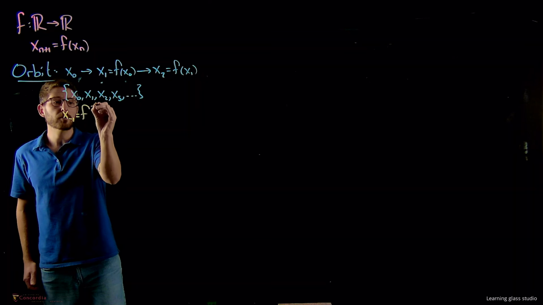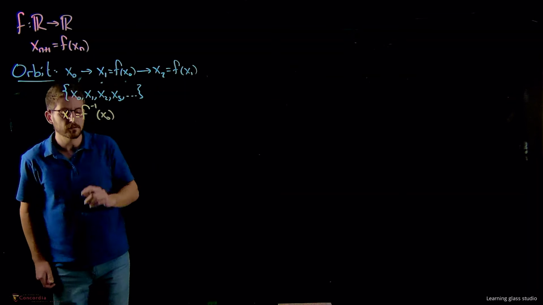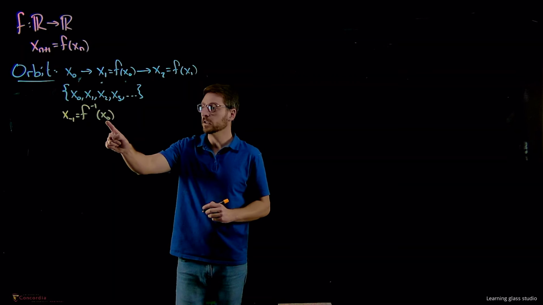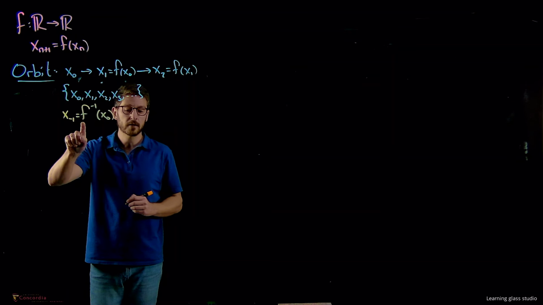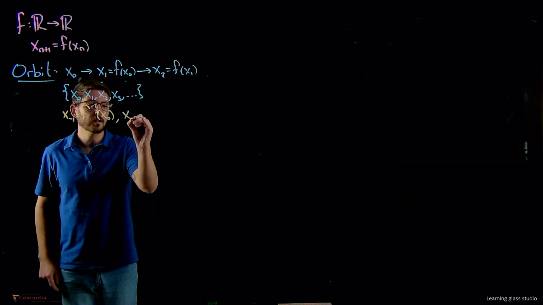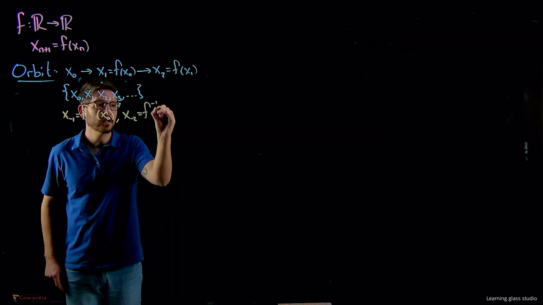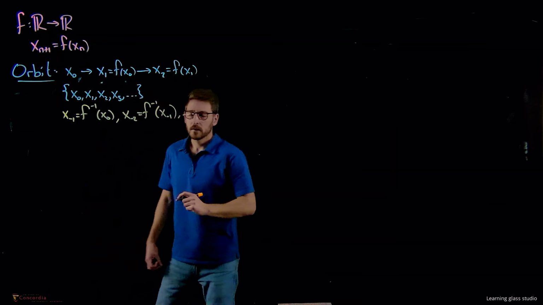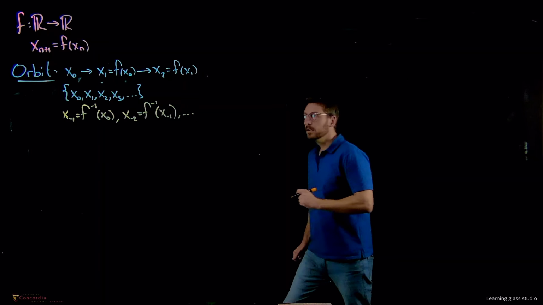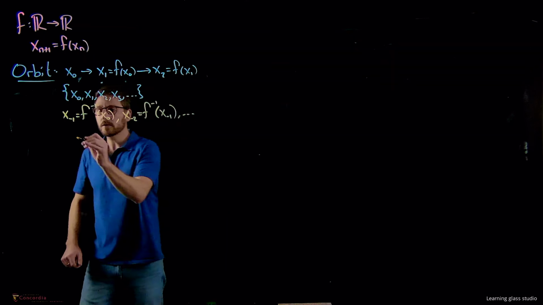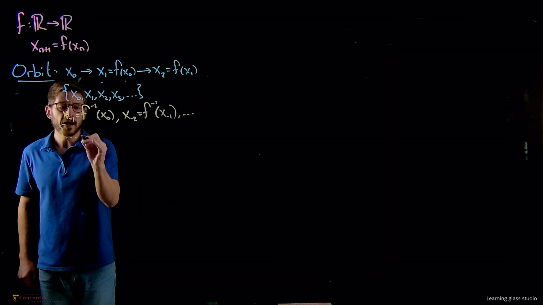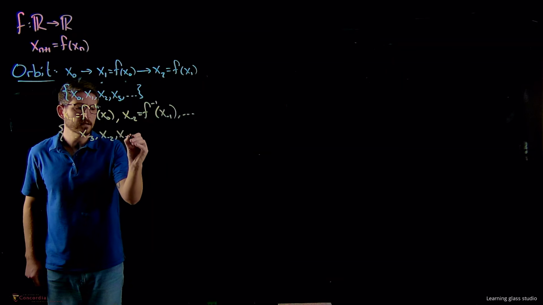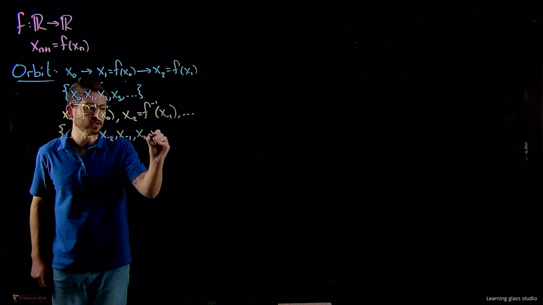So if I was able to take an inverse of this thing, I could say that the pre-image of my initial condition is given by applying the inverse here. Similarly, the pre-image of the pre-image is given by applying the inverse again. And if f is invertible, this actually defines a bi-infinite sequence. So we can think of the elements of my sequence as indexed by the integers.